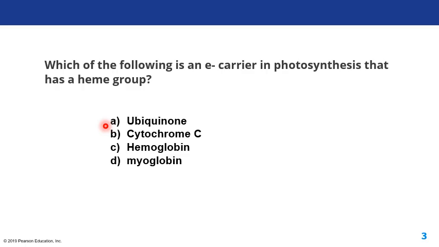Remember you have the dione or the diol, with the OH, right? Alcohols. So it's not ubiquinone. So here you're left with 3 answers that have heme groups, and of course the one that is important for photosystems is your cytochrome C.